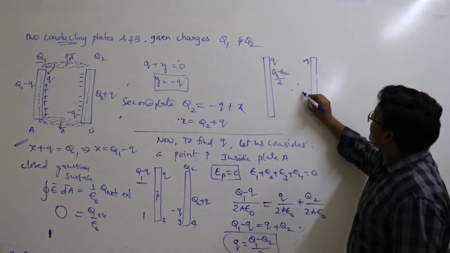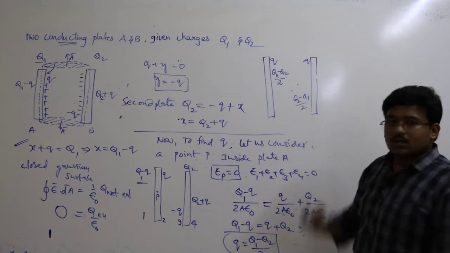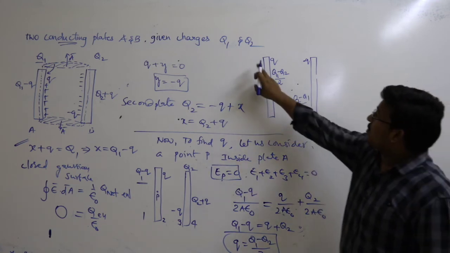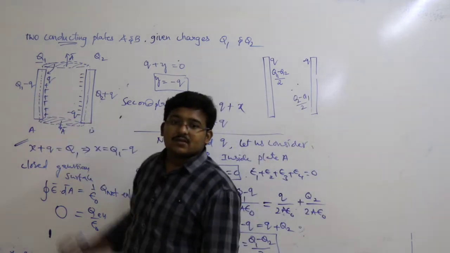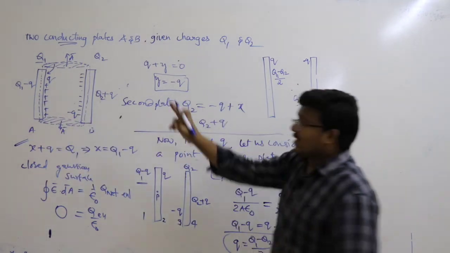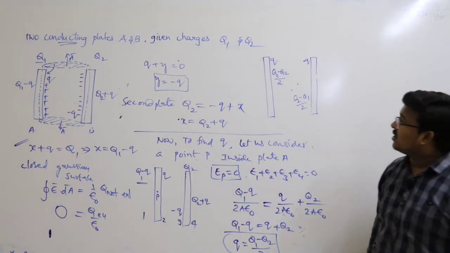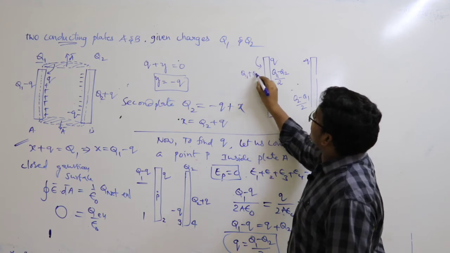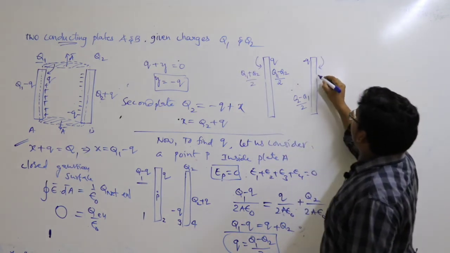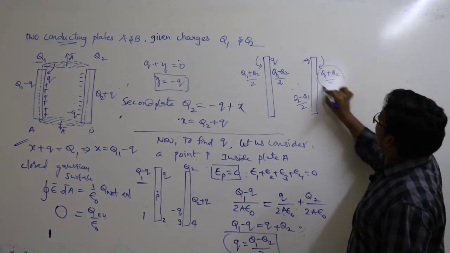So I can say that this charge will be Q2 minus Q1 by 2. And what about this charge? This charge will be capital Q1 minus small q. If you take capital Q1 minus small q value in that, you can substitute, you will get this side as Q1 plus Q2 by 2, and this side also Q1 plus Q2 by 2.